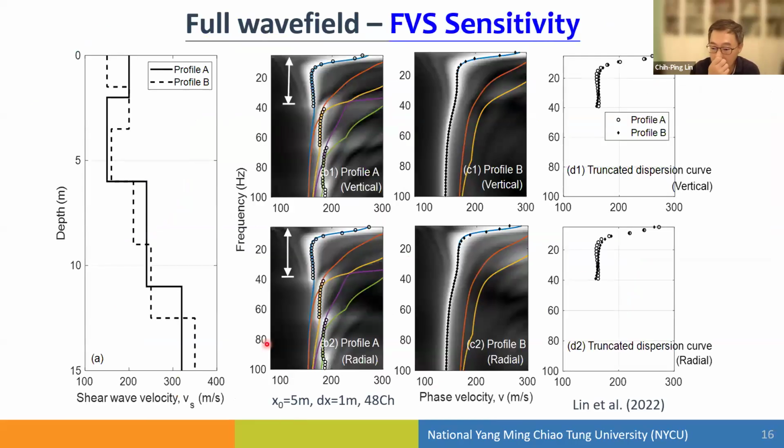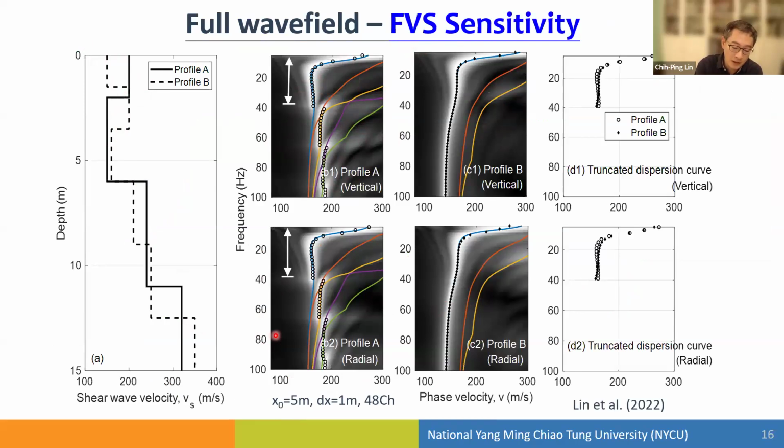Before I move to the next topic, I will show you the advantage of considering the full wave field. For example, here you see two Earth shear wave velocity profiles, and this is the dispersion spectrum of the two profiles in the vertical and radial directions.